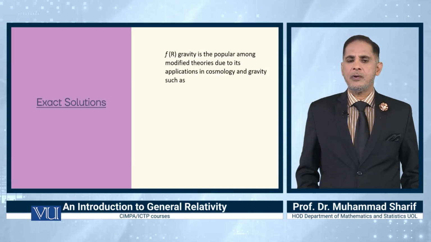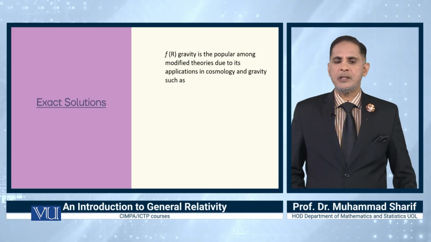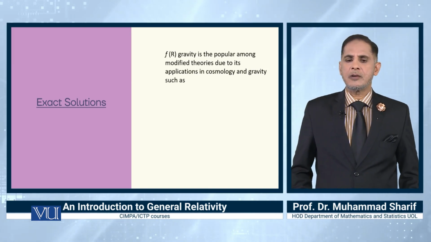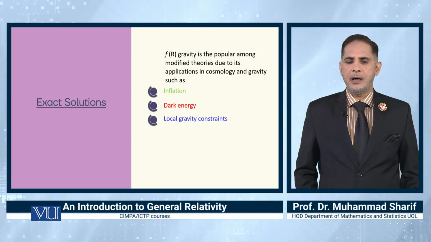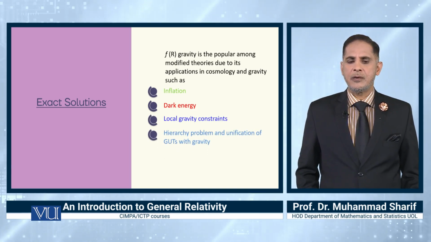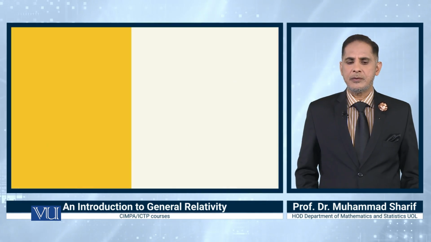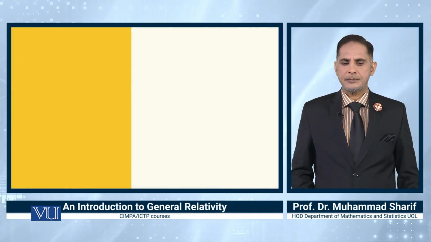Well, F(R) gravity is popular among modified theories due to its applications in cosmology and gravity, such as inflation, dark energy, local gravity constraints, hierarchy problem, unification of grand unification theories with gravity, cosmological perturbations, and many others.